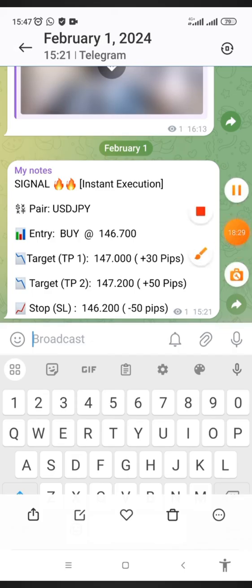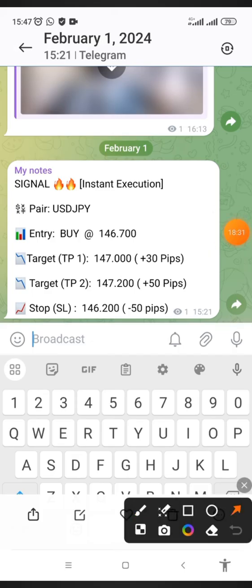Or if price is still hovering around this price, it hasn't gone too much into profit, it hasn't gone too much into loss, then it becomes an opportunity for you to enter that trade. So take note of this.